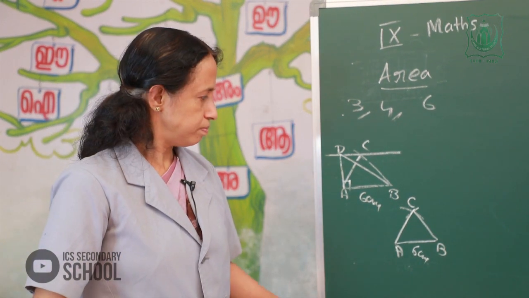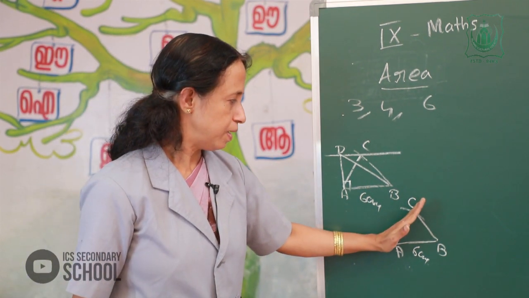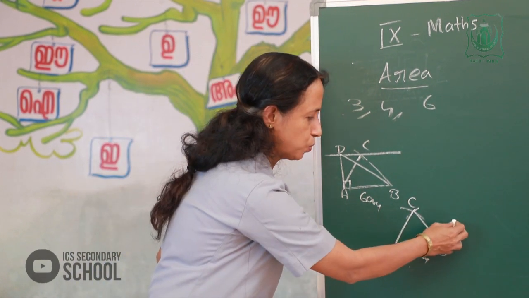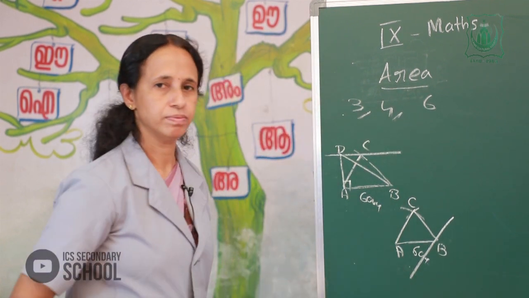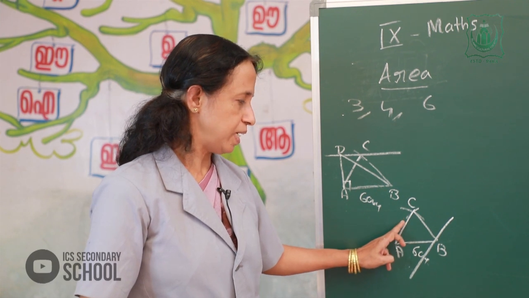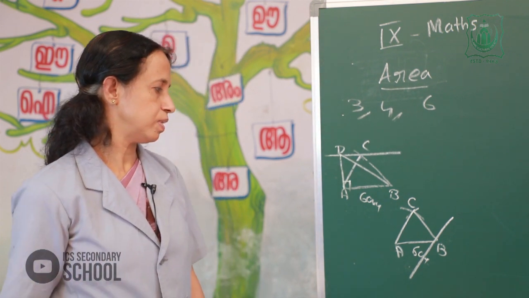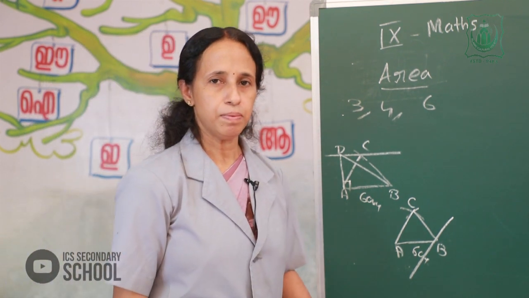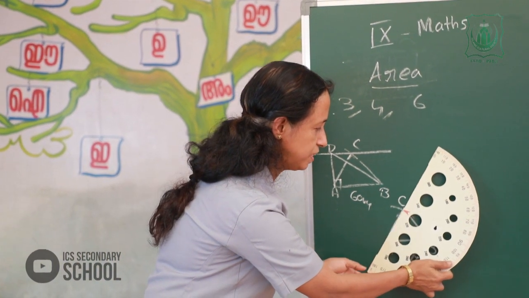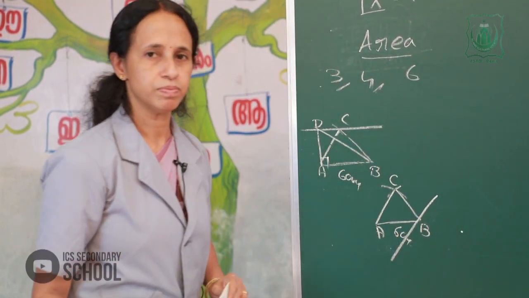Draw a line parallel to AC through B. Then measure the angle at C equal to 90 degrees.